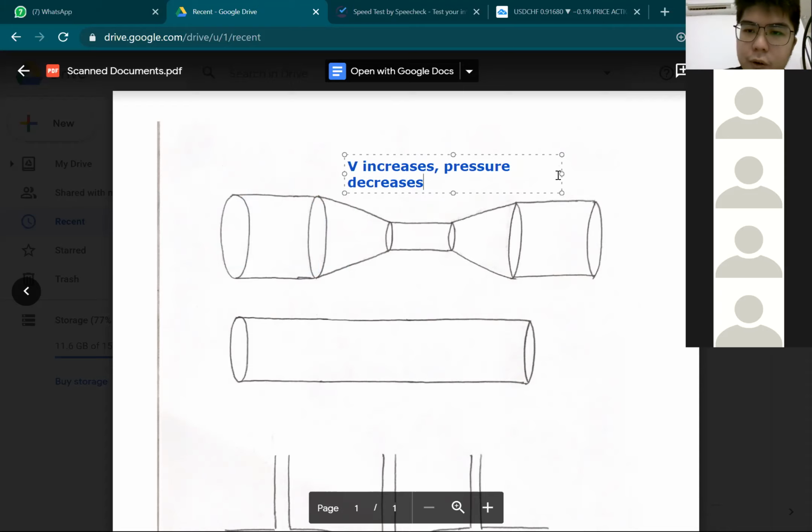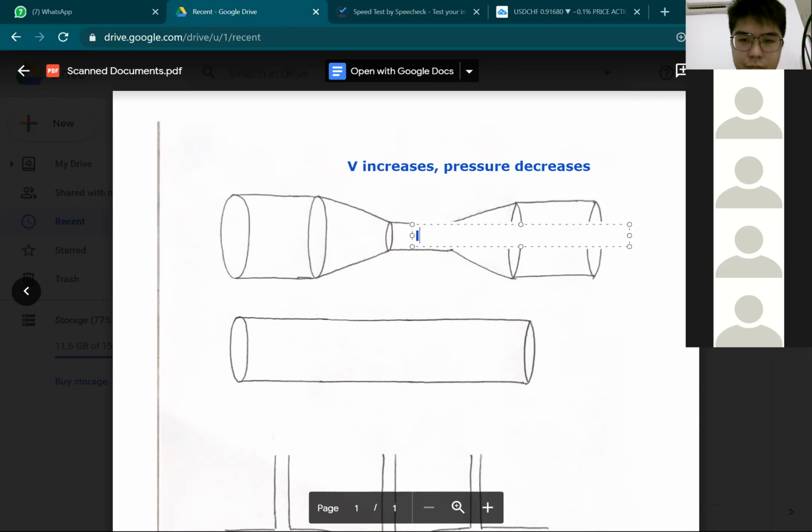This is what Bernoulli is talking about, just one simple statement: when the velocity increases, the pressure decreases, and vice versa. Meaning that at the center here, you have the lowest pressure. And at the left and right ends, of course, there is higher pressure.